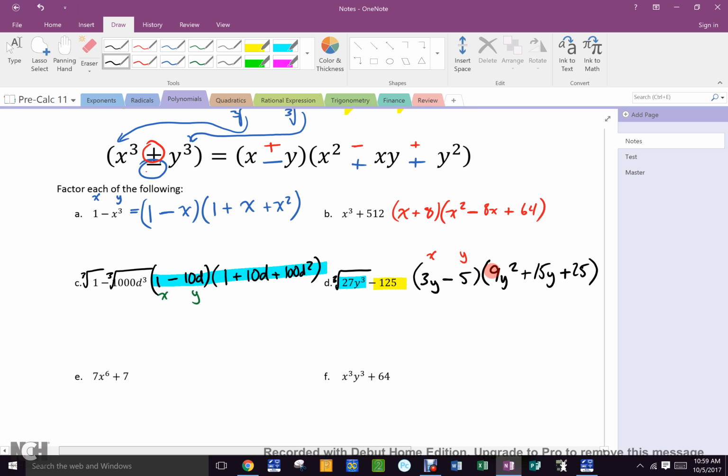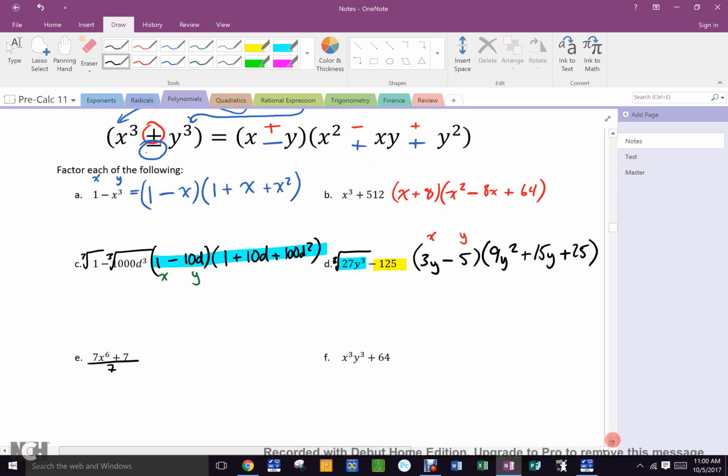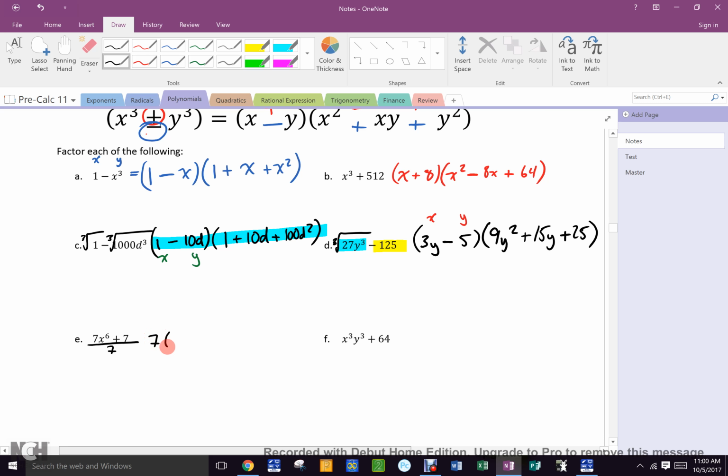And what did Mr. Myers or Mr. Keeley or Mr. Abraham or Mr. Fujimura or Mr. Hirschman, what was the first kind of factoring that you were taught way back in grade 10 by one of those 5 people? GCF. Is there a GCF here? What is it? 7. So what is my first job? Divide by 7. And how do I write that? 7 x to the 6th plus 1. Is everybody cool there?